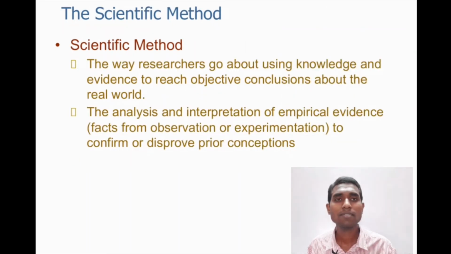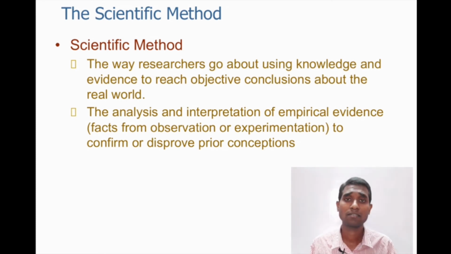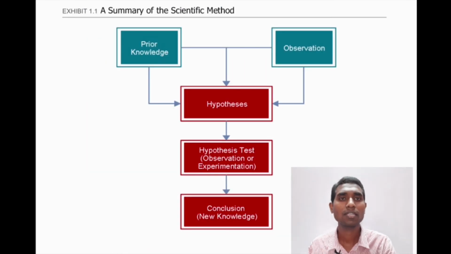Next. As we said, research uses the scientific method. We deliver facts based on evidence. The way researchers go about using knowledge and evidence to reach objective conclusions about the real world is the scientific method. Whatever facts we speak of are totally based on some evidence or information. Without evidence, you cannot generalize any situation. That is the reason we say it is a scientific method.